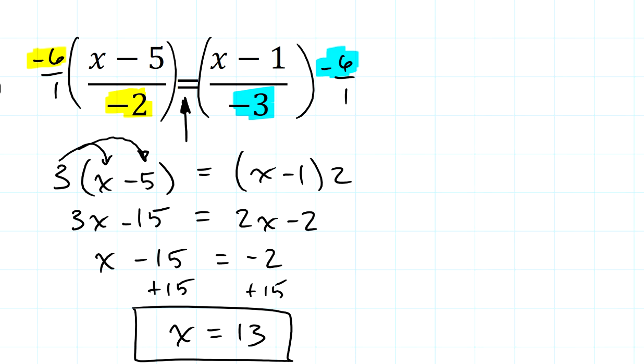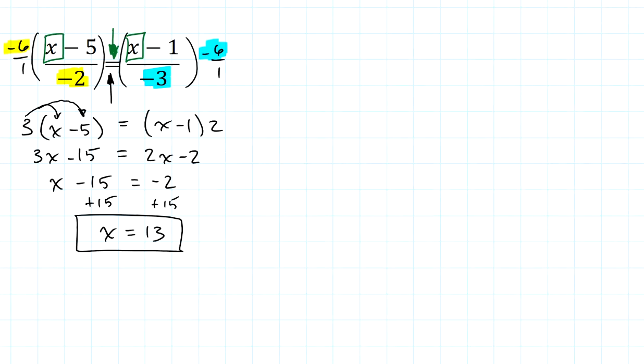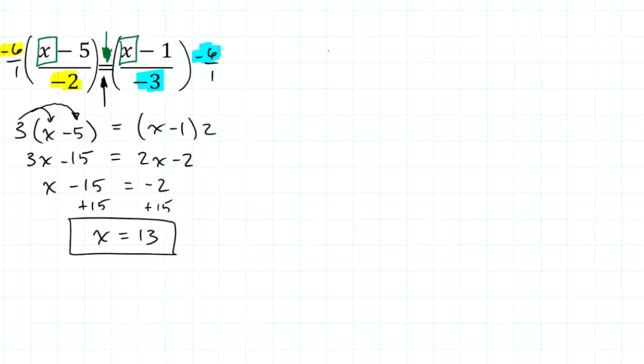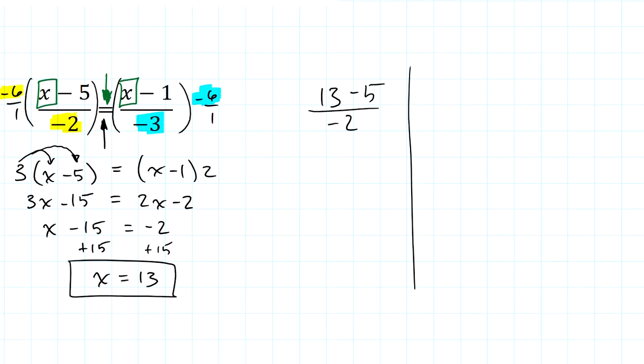I'm going to place a 13 in for this x and a 13 in for this x, and just verify that this statement of equality is actually the case. In the numerator, I get 13 minus 5 over negative 2, and I'm trying to see, with a question mark here, if that's the same thing as 13 minus 1 over negative 3.